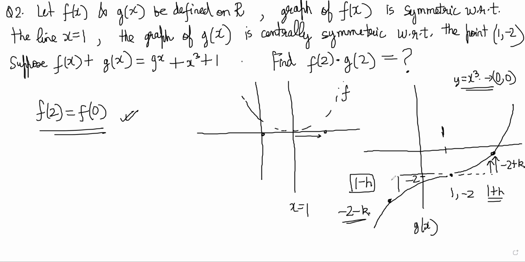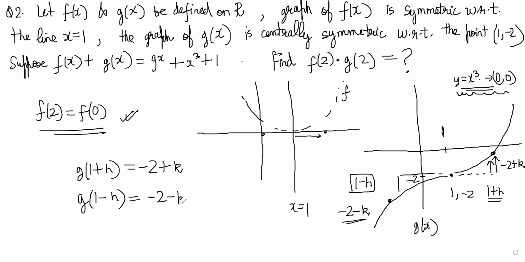So what am I saying here? I'm saying that because of the symmetry, the way y is equal to x cube is symmetric, g of 1 plus h should be equal to minus 2 plus k, and g of 1 minus h should be equal to minus 2 minus k, right? Because as you go up, the amount you have gone up, you will go down equally on the other side, because this is the point of symmetry, right?